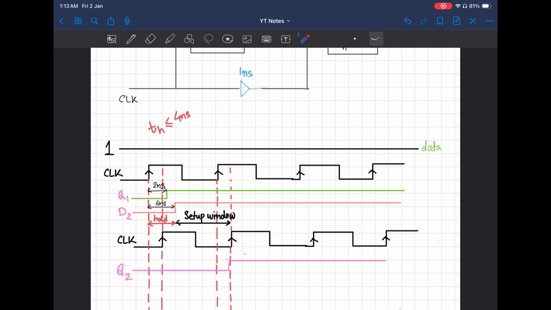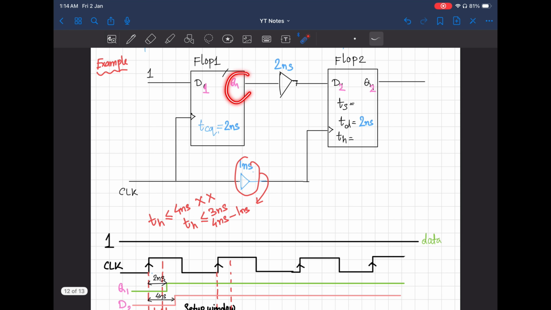Because there is a 1 nanosecond delay, your hold constraint is getting to something like 3 nanosecond. Why? Because 4 nanosecond is the actual delay up to the D2 point, and there is a 1 nanosecond delay in the clock. So your hold constraint is getting worse. So there is a chance that the data which you are sending from this point can be sampled at the same clock edge at this point.